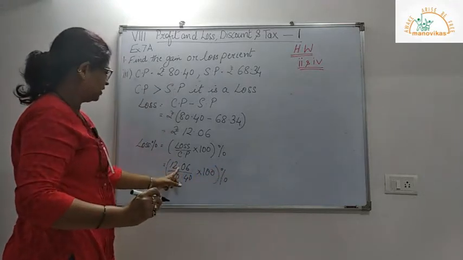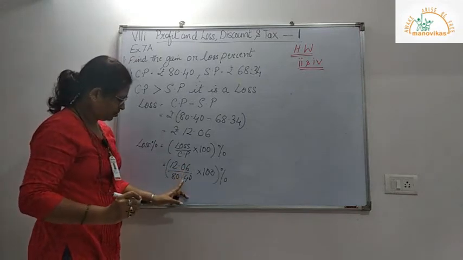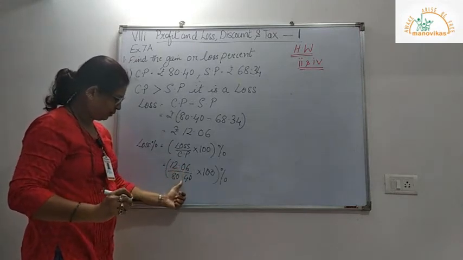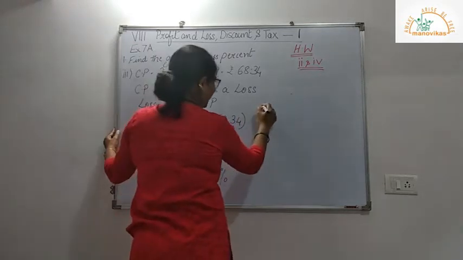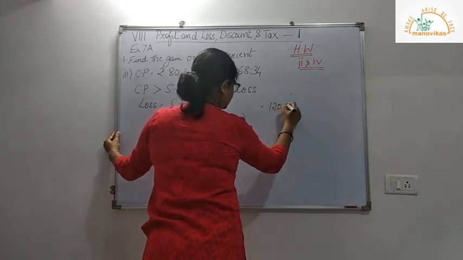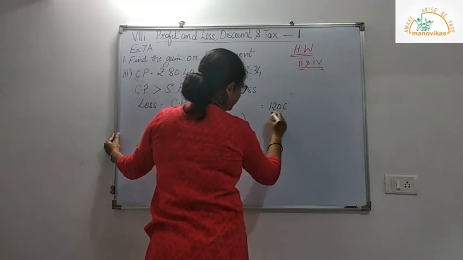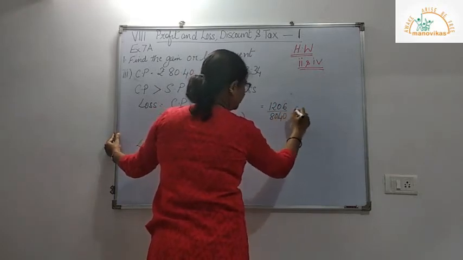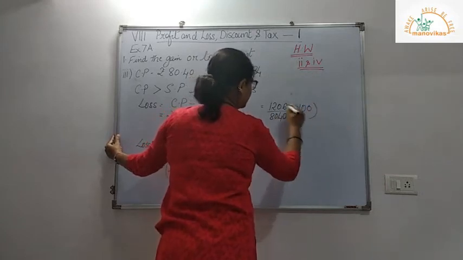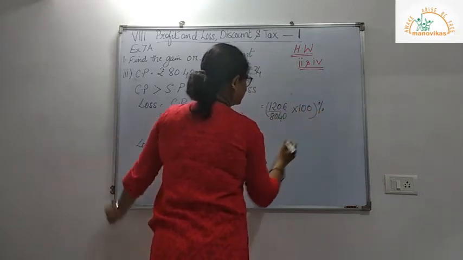Since there are two decimal places in the numerator and denominator, my decimals can be removed. So I get 1206 divided by 8040 into 100%.